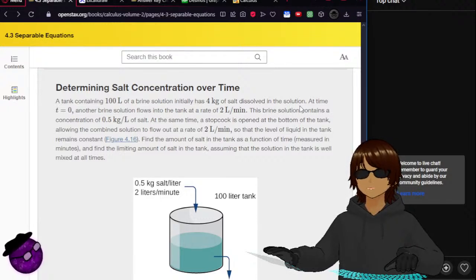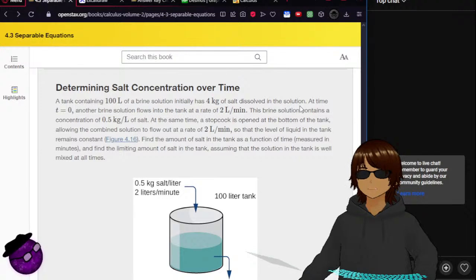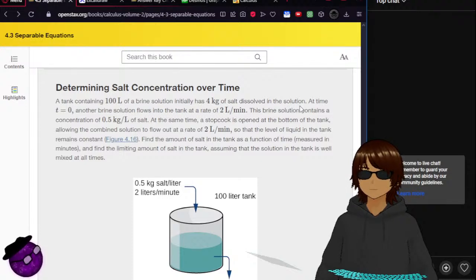But at the bottom of the tank, allowing the combined solution to flow out at the rate of 2 liters per minute, so the level of liquid in the tank remains constant. So how much is flowing out?